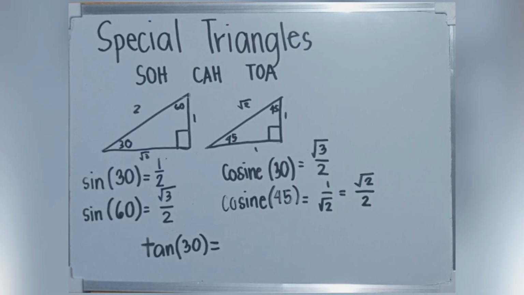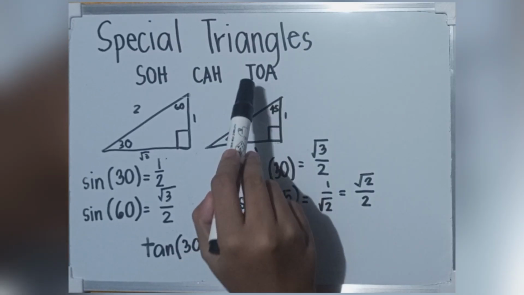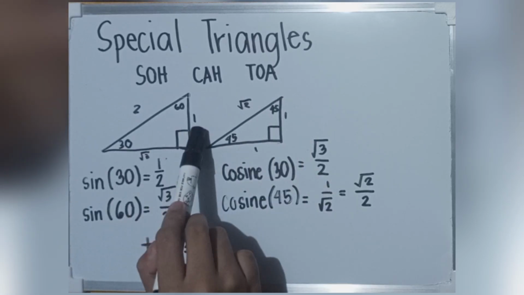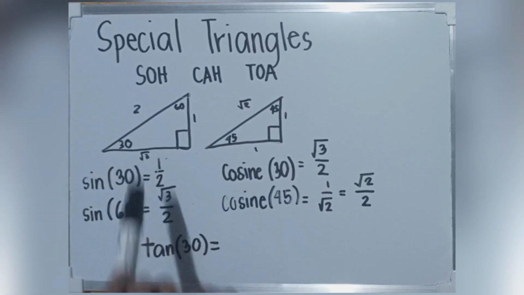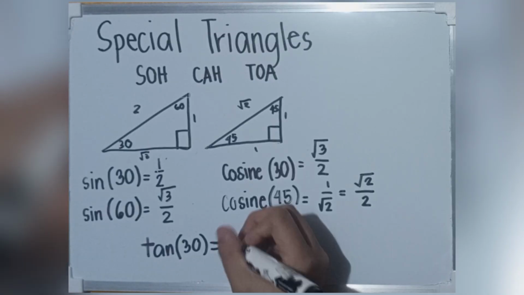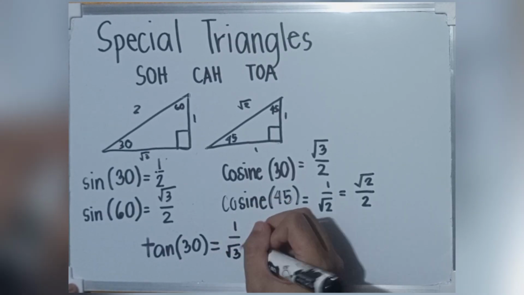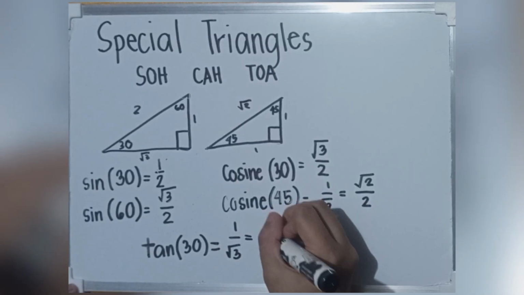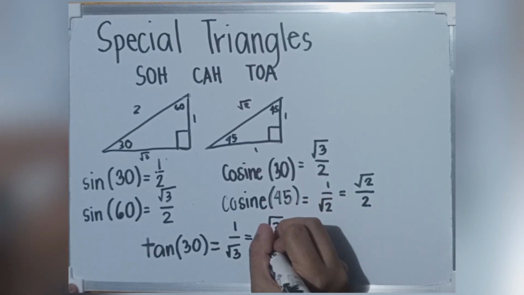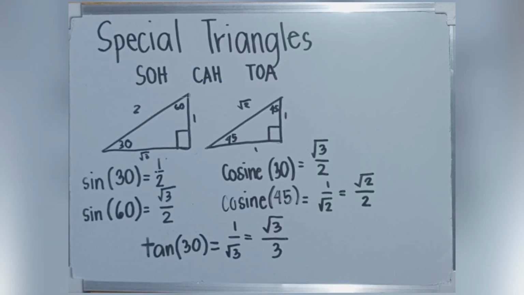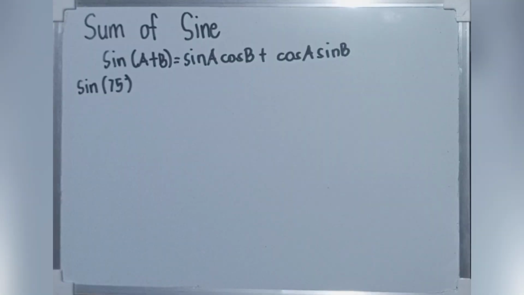Lastly, for the tangent 30, it is the opposite and the adjacent. So the opposite and adjacent of tangent 30 is 1/square root of 3, or square root of 3/3. So now let's move on to the sum of sine.